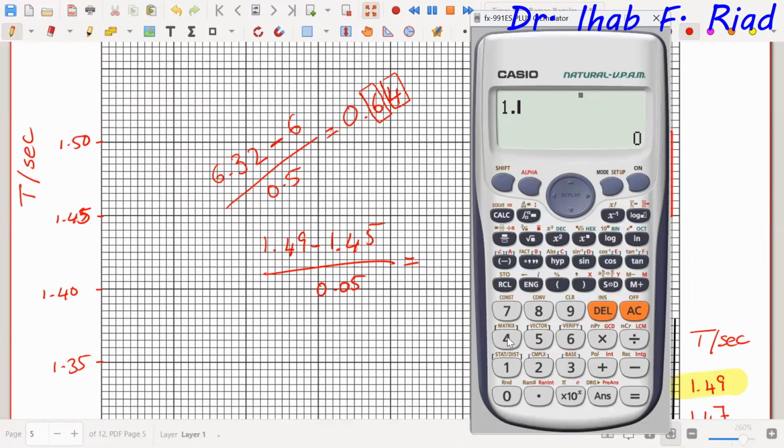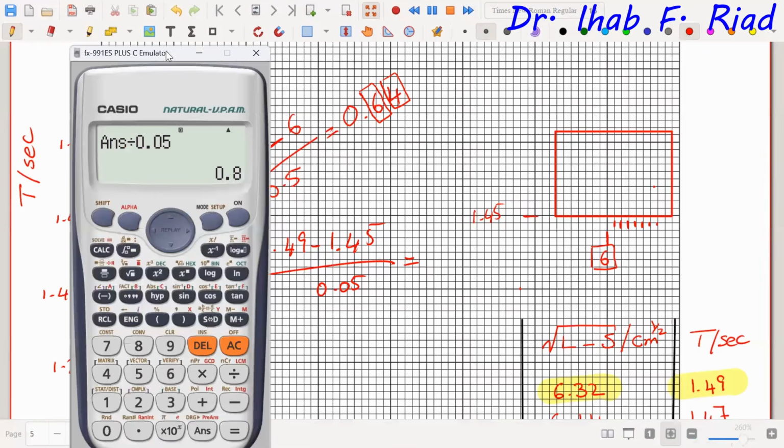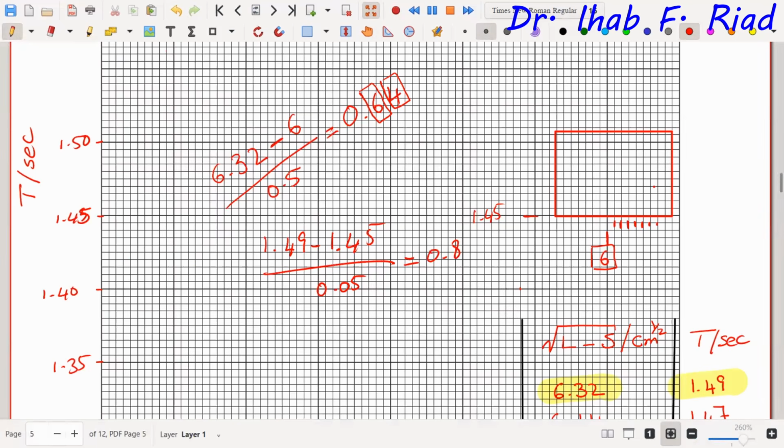Then 1.49 minus 1.45 divided by 0.05. We get how many squares? 8, right?